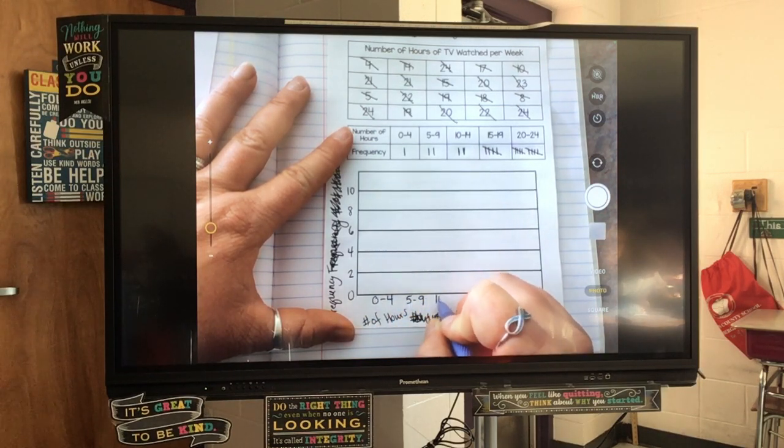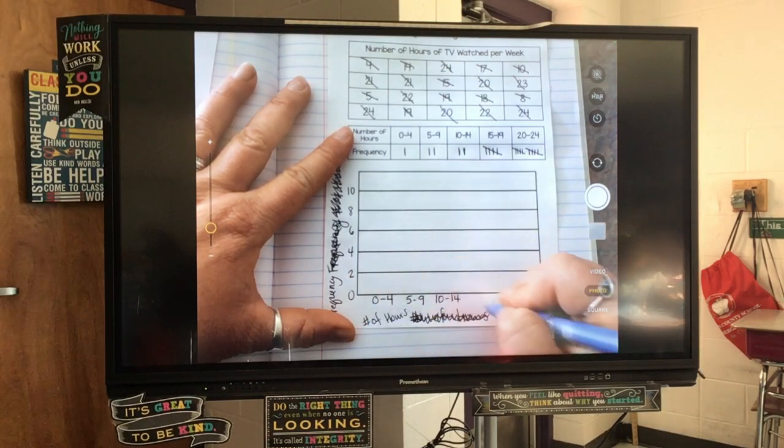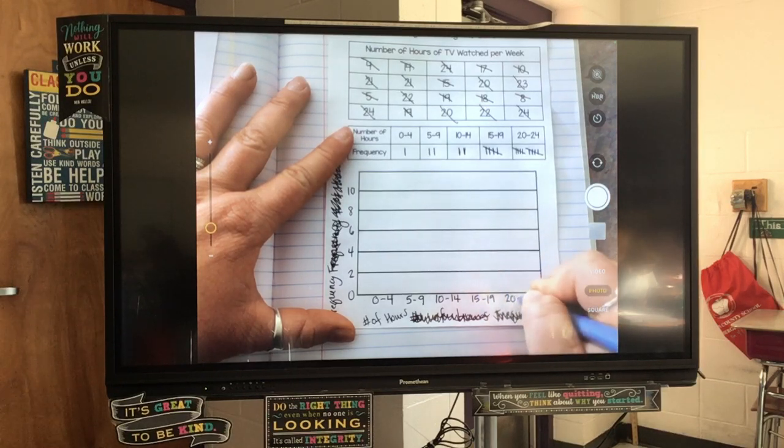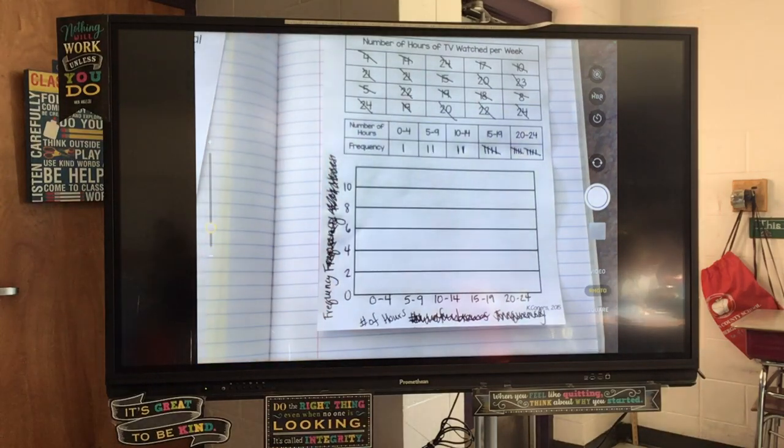And then your range or your hours go across the bottom. Now, what must we make sure we do with our bars on our histogram? What do they have to do?